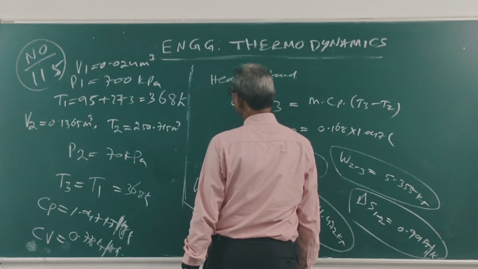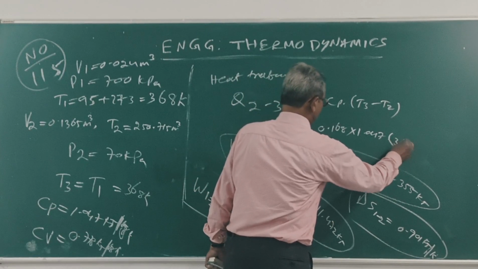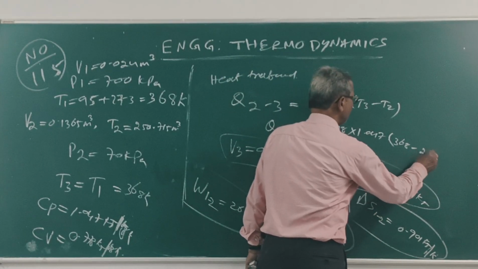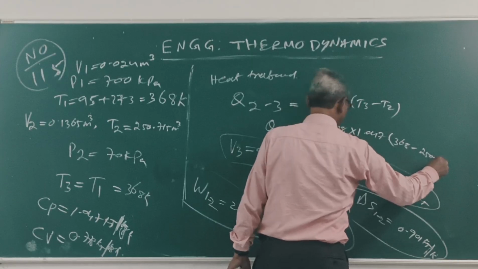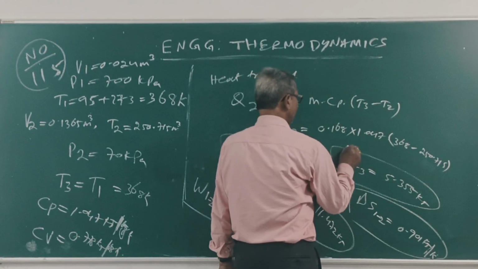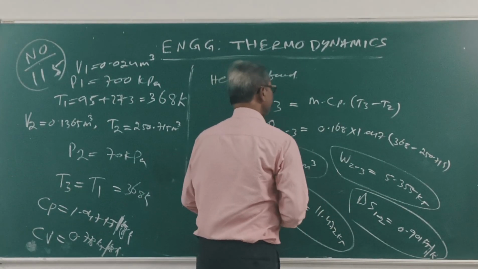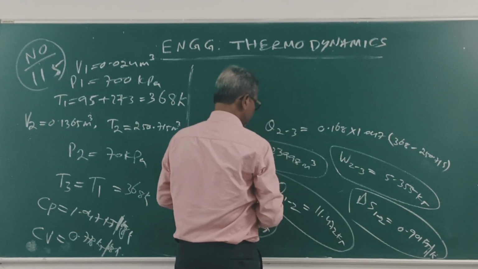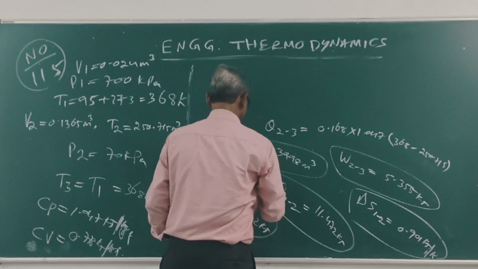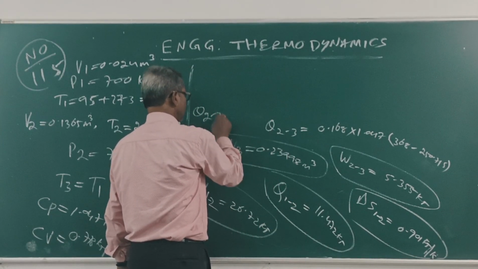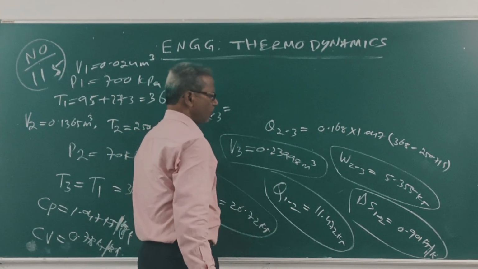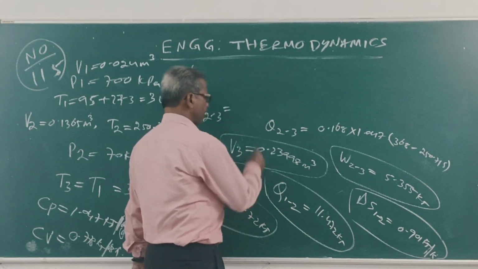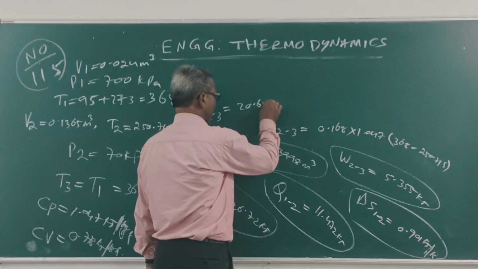T3 means 368 minus T2, 250.715. This is Q23. Right? So Q23 is equal to 20.629 kilojoule.